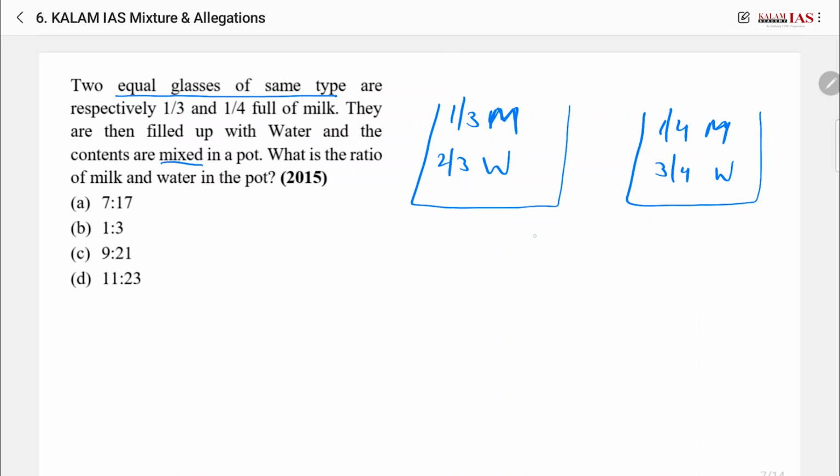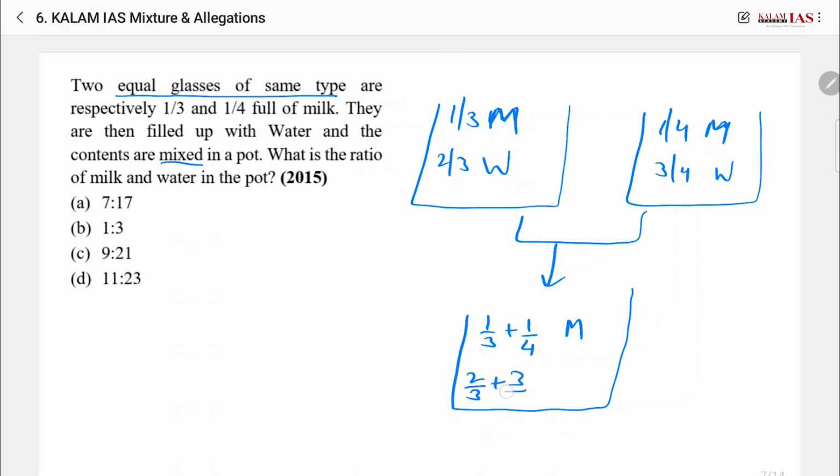Now it is saying both of these are mixed in a single pot. So milk will be 1/3 plus 1/4 in total. Water will be 2/3 plus 3/4 in total. We have to find what is the ratio of milk and water in the pot. So total milk in the pot will be m equals 1/3 plus 1/4, that is 7/12.